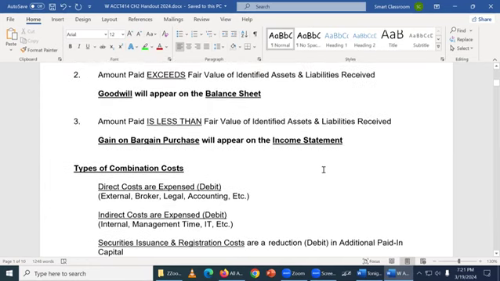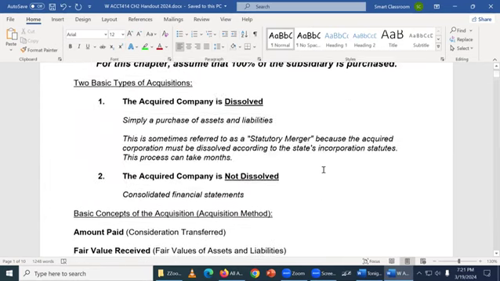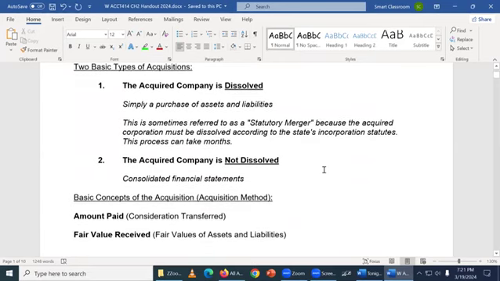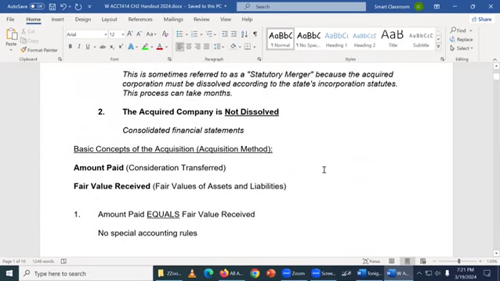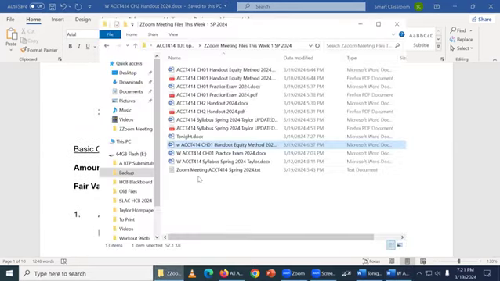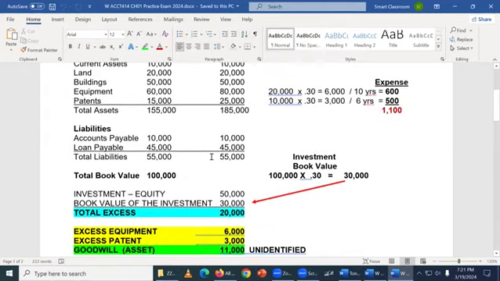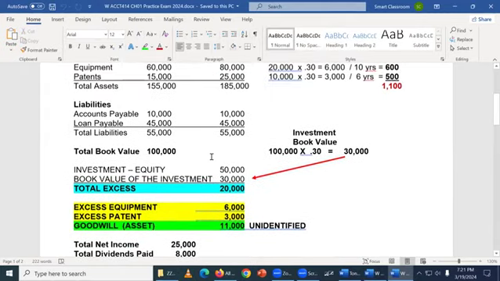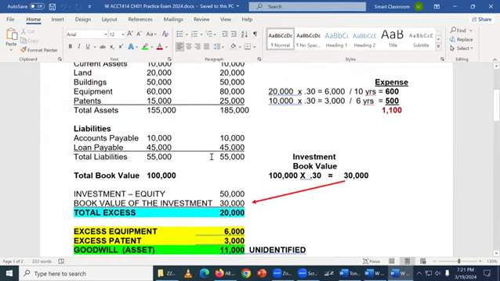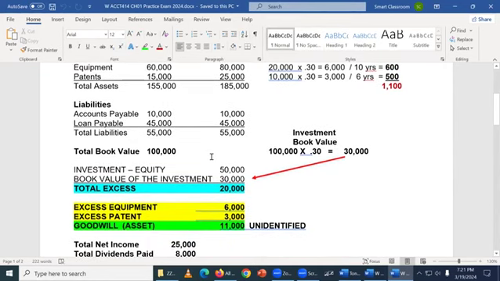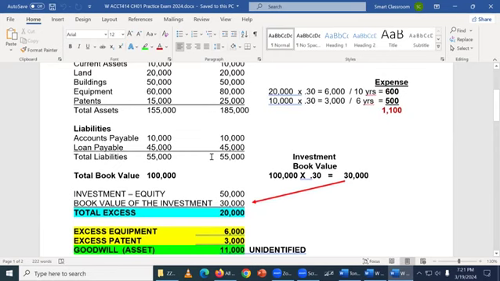Professor, I'm still a little confused. On this practice exam problem that we just did, the total assets book value would normally on a balance sheet include the unidentified assets, right?